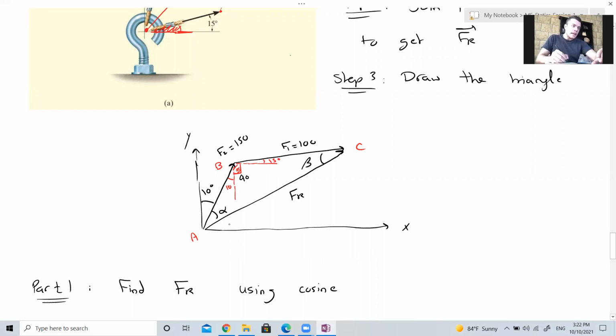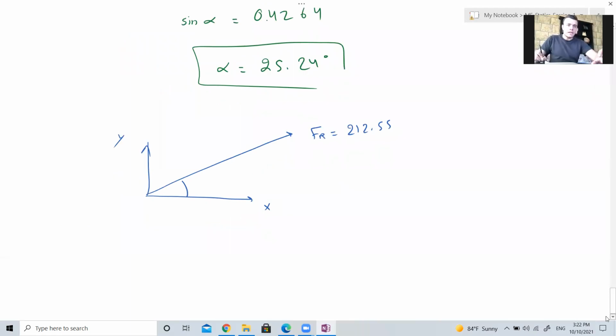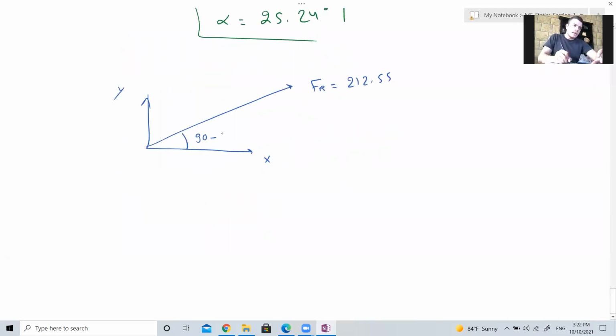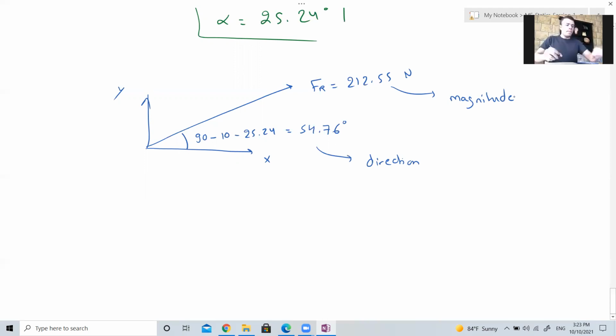Can you find this angle? It's 90 minus 10 minus 25.24, which gives 54.76. So this gives you the direction and this gives you the magnitude. Clear.